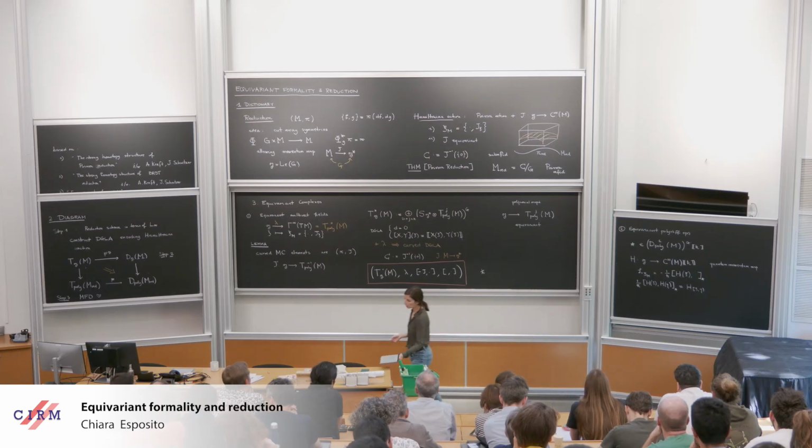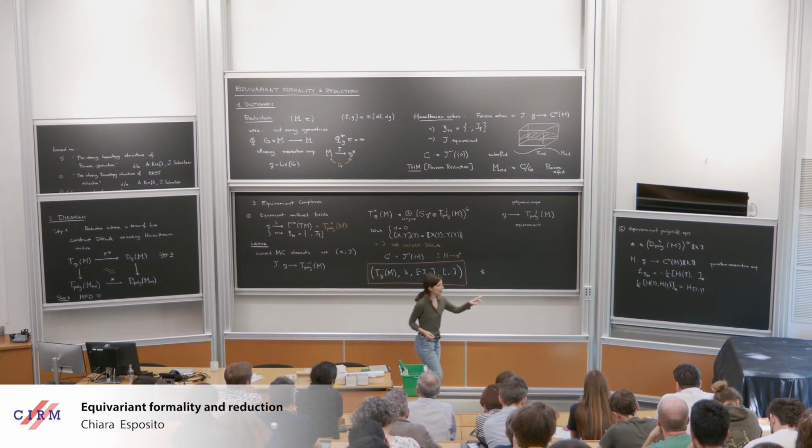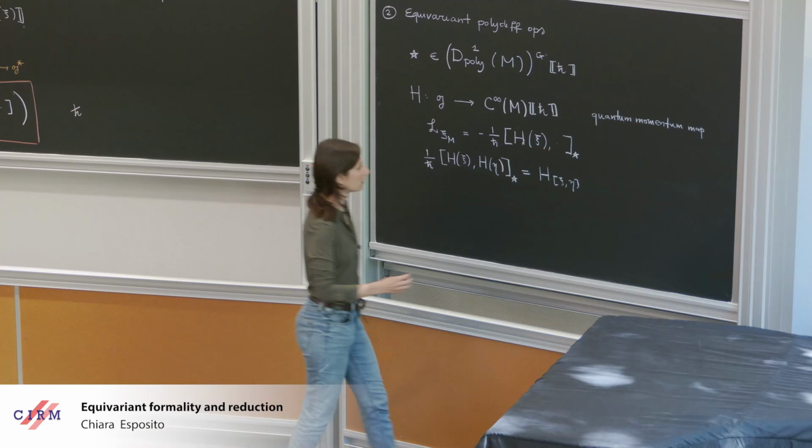So this is a quantum momentum map, and if my star product allows that, we call it equivariant star product.